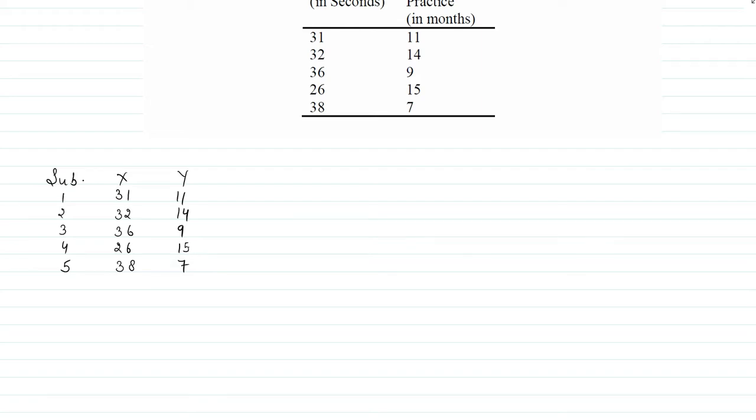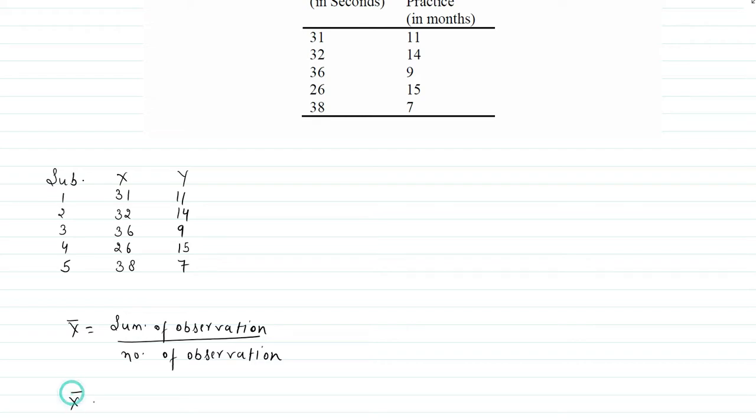To compute the correlation coefficient, the first step is to find x bar, that is our mean. x bar is the sum of observations divided by the number of observations. So x bar equals summation of x divided by n, where n is the number of observations. The summation of x is 163.